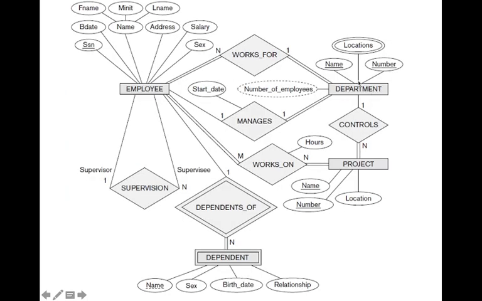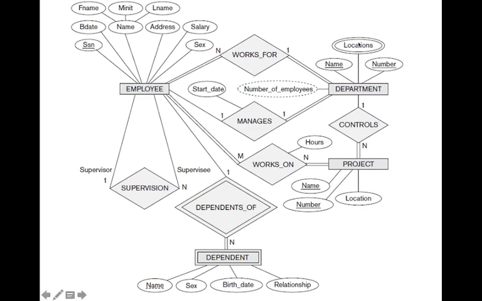Then the second strong entity is department. For department, the simple attributes are name and number. Here locations is a multi-valued attribute, so we should not do anything with it. We will see what to do with multi-valued attributes in step 6.